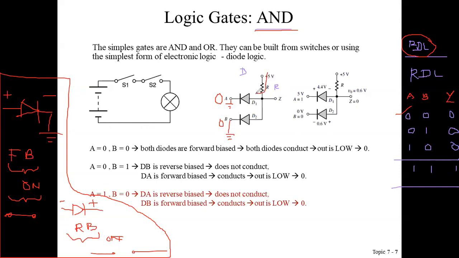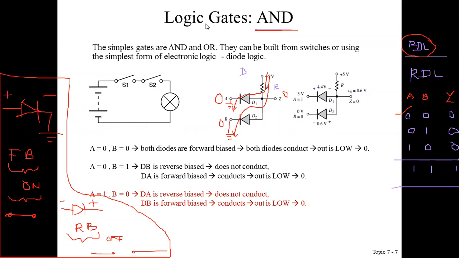The switch acts as a short circuit here, and here also a short circuited condition. It is directly connected to ground. Therefore my output is equal to 0, because all my voltages are going to ground, either through this path or both. This is the first operating condition.